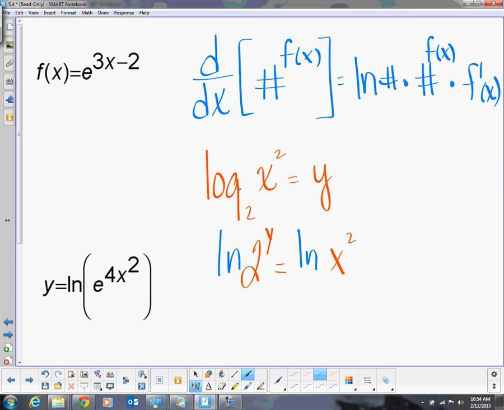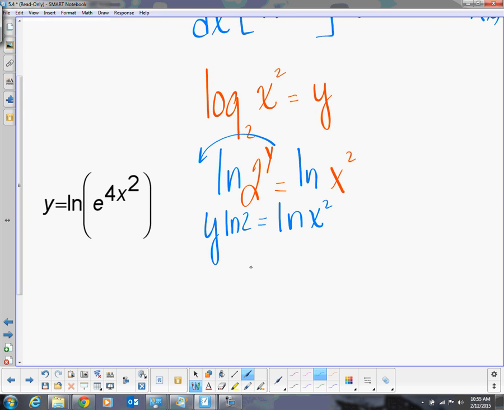I don't want logs, I want natural log. Y comes out front. I'm going to have y natural log of 2 equals natural log x squared. So if I solve for y, I have 1 over ln 2 times natural log of x squared.